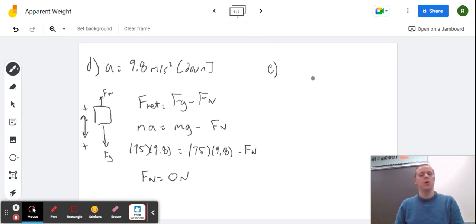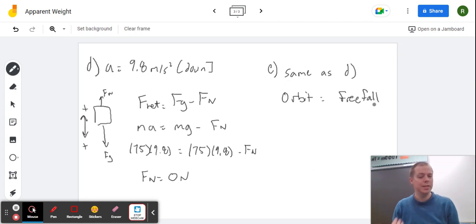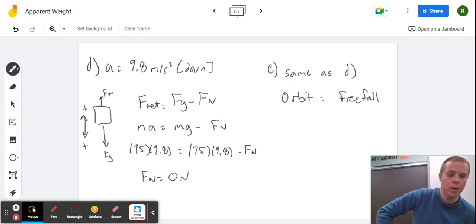In part E, it says what would happen if the object was in orbit. And the truth is, this is the same as part D. Being in orbit is the same as being in free fall.